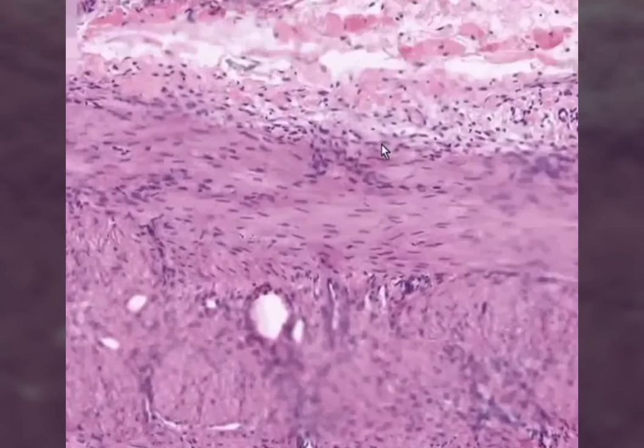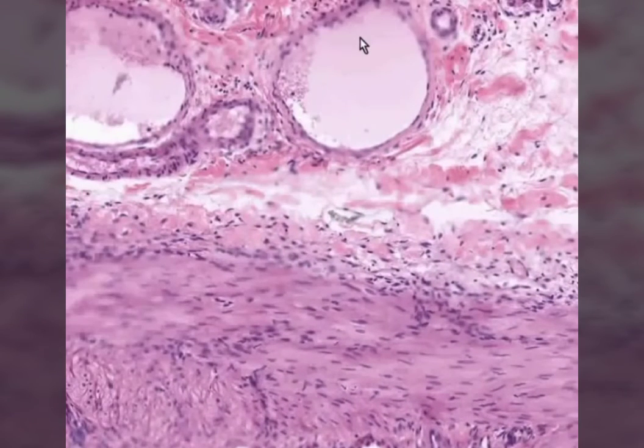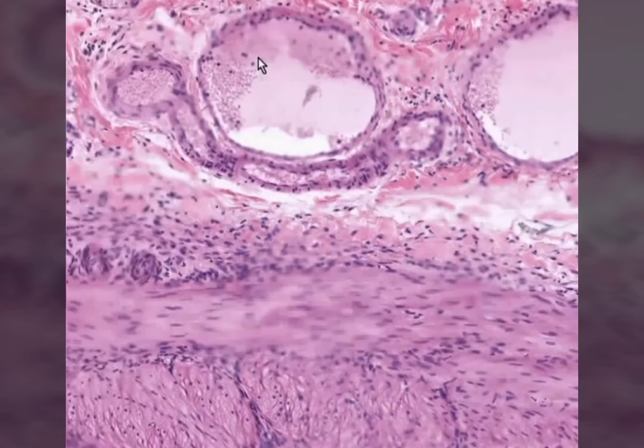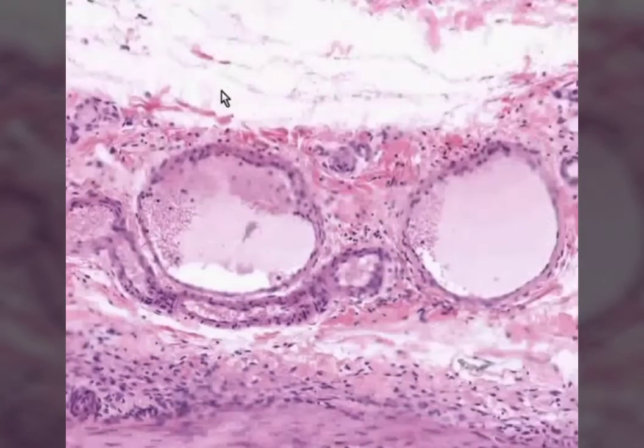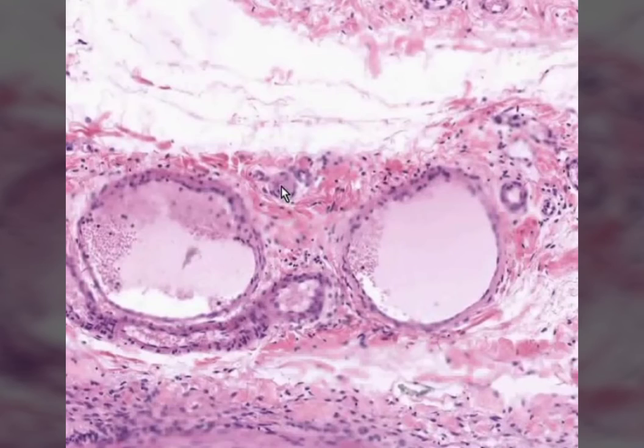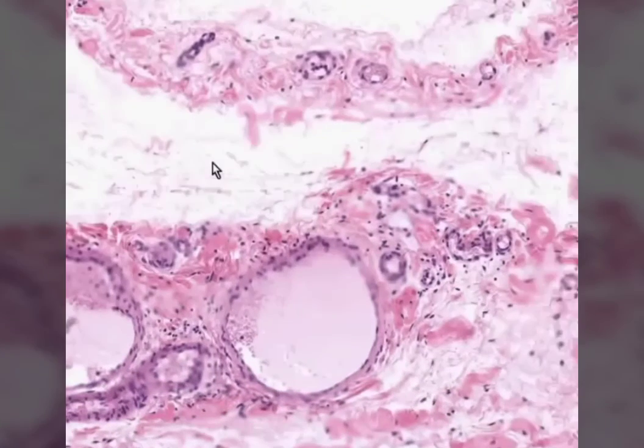Then you can see the connective tissue of the serosa. Here's a large vein. Here's a medium or small artery. This looks like a vein to me. This is an artery. This is a nice branch of the artery. Here's a nice vein. Here's some fat and looser connective tissue. That may very well be a little nerve.